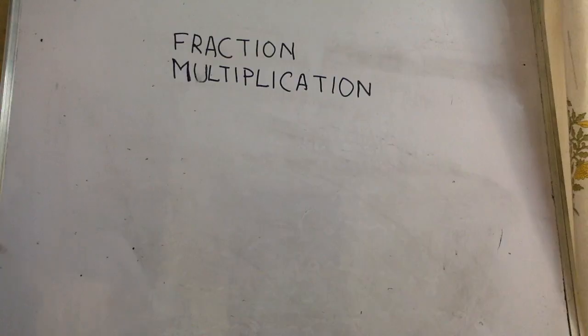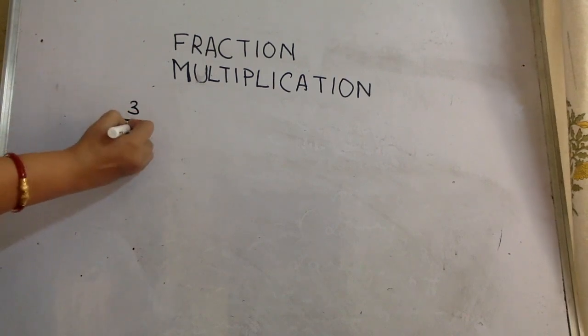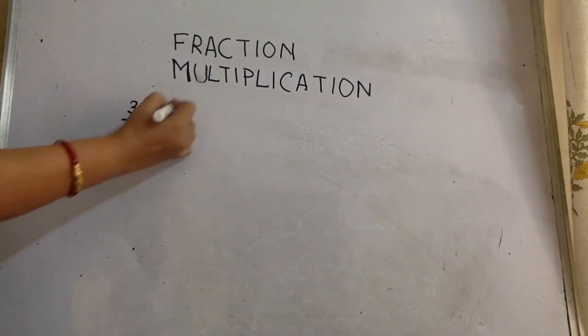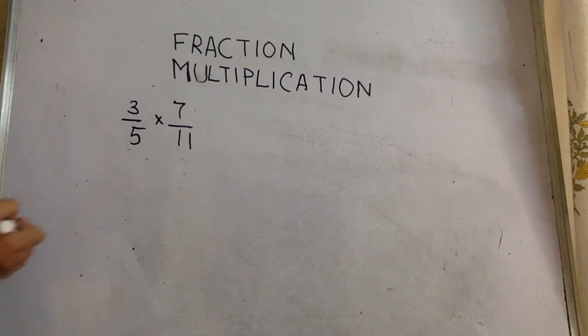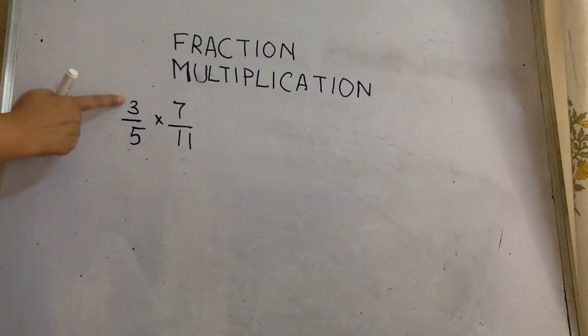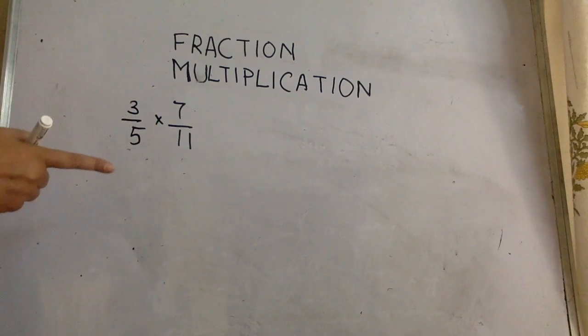Okay, so let us see how we multiply two fractions. Here I have 3 by 5 into 7 by 11. The first thing I have to do is observe the question. When I observe the question, I see that there are no common factors between any numerator or denominator.